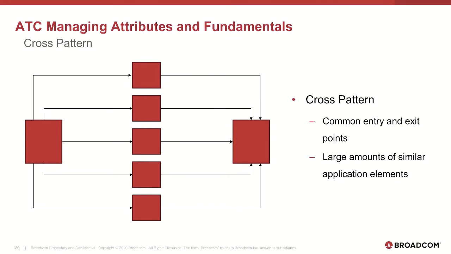It could be another servlet or URL invoked out of a JMS transaction, and everything calling one database. That would be one example for the typical cross pattern, meaning one common entry and exit point, large amount of similar application elements.